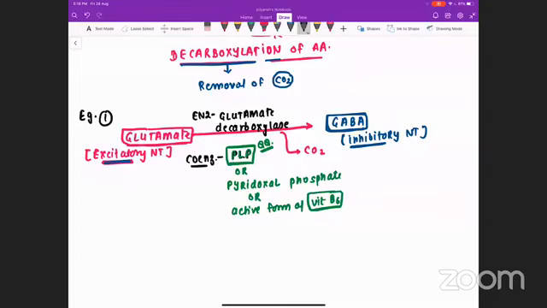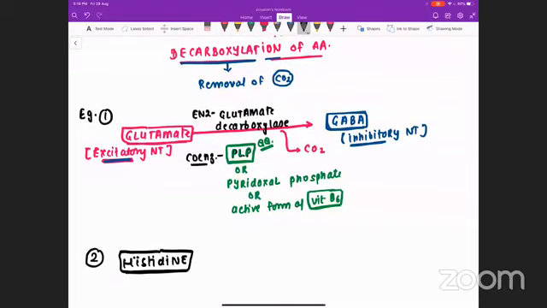Let's see the second example that we can add. If you take histidine, yesterday we discussed histidine as an essential amino acid.